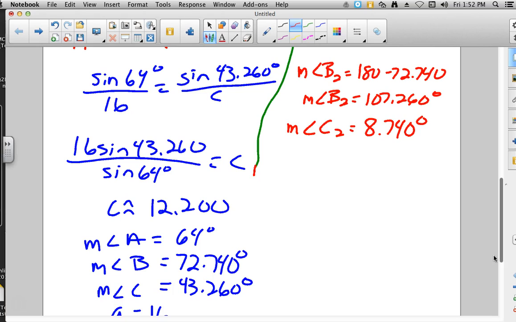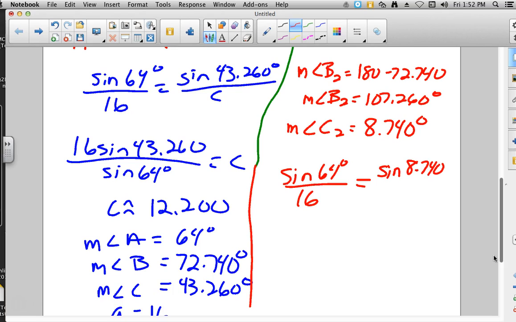So again, we would go right back to the sine of 64 degrees over 16 as one side of our proportion because that was information that was given to us. And then we'd say, all right, I need little c, so this has to be the sine of angle C, which again should be perfect in your calculator right now. You shouldn't have done any rounding with your calculator, so you should be able to use that as you do your computations to figure out C sub 2.